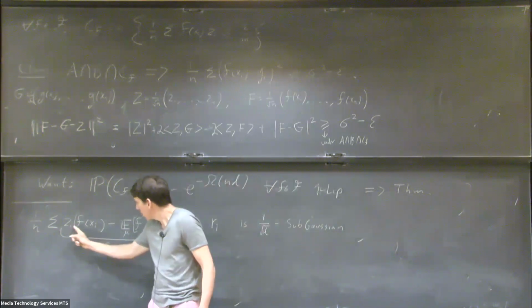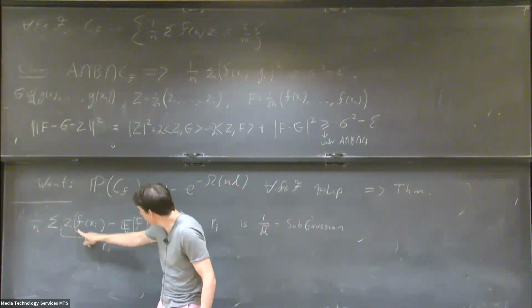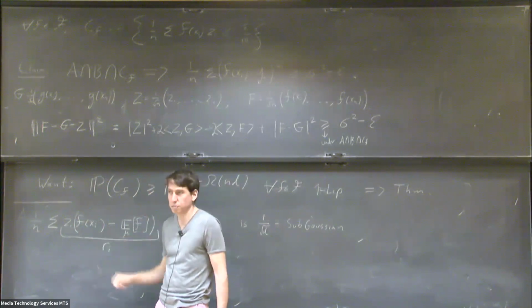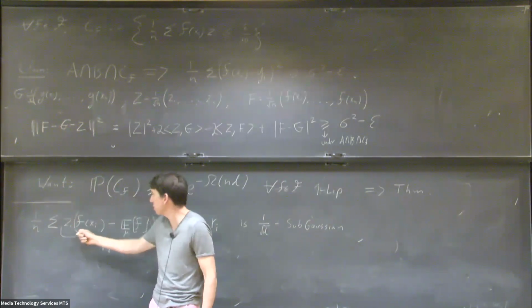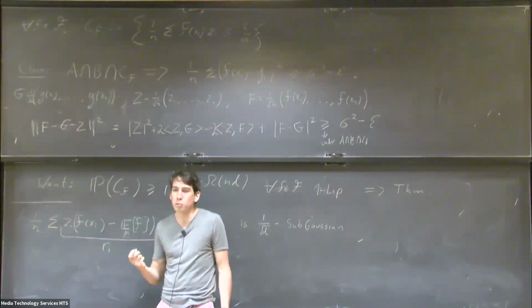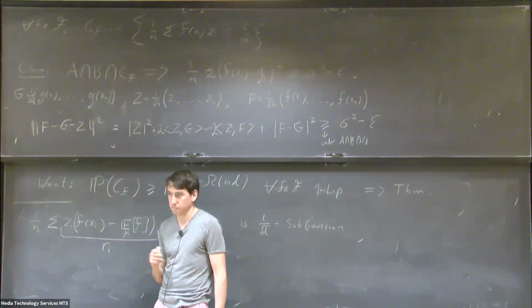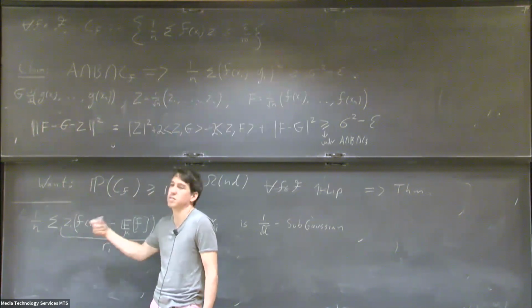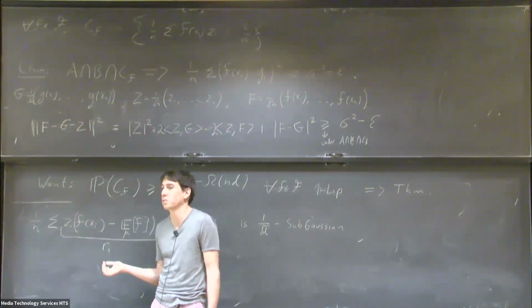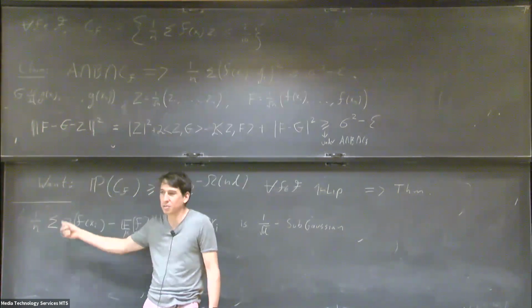Because by the definition of the sub-Gaussianity of the measure mu, f of xi is 1 over root d close to its mean with sub-Gaussian tail. xi is distributed in a measure that's 1 over root d concentrated, which exactly says that this is 1 over root d sub-Gaussian, not including the zi.